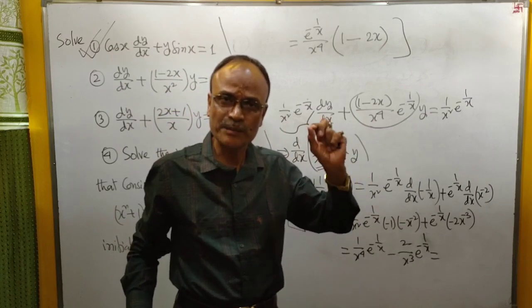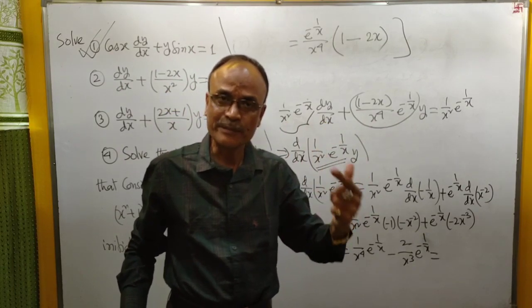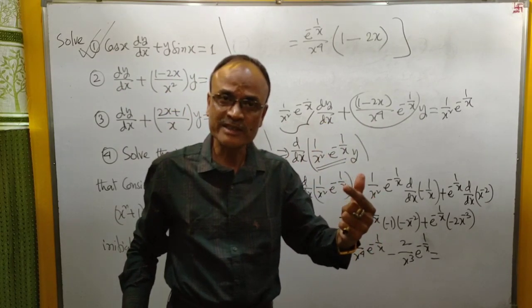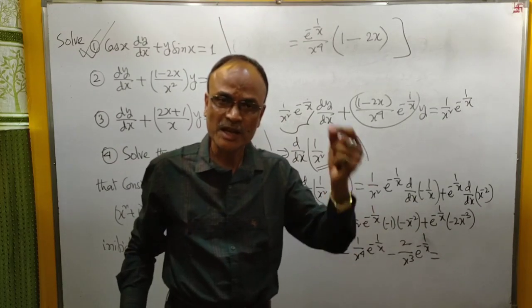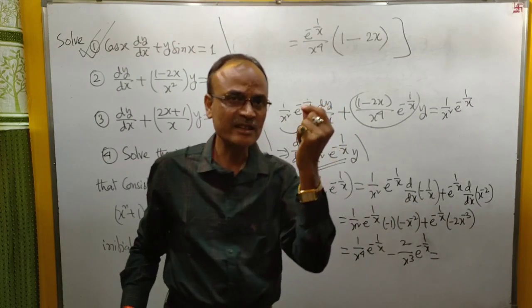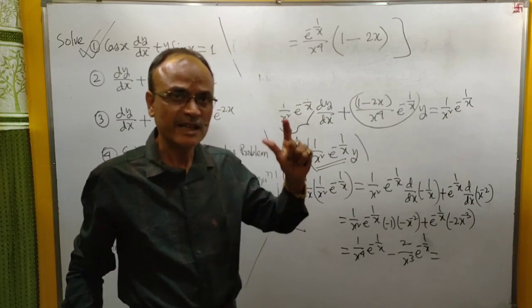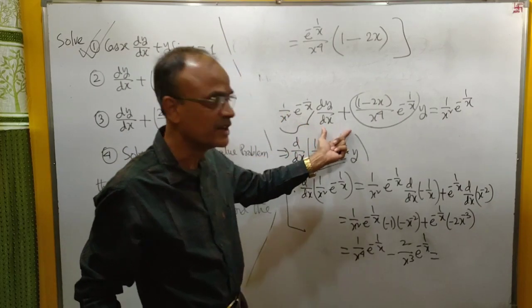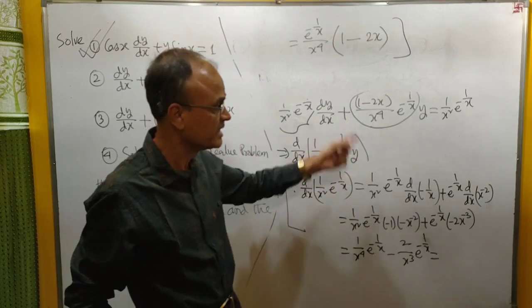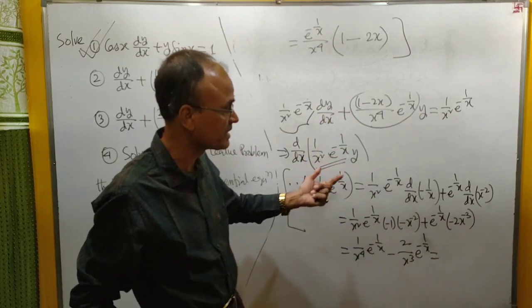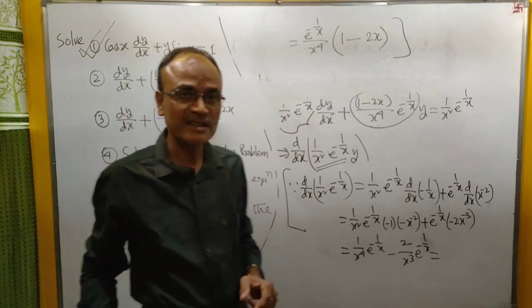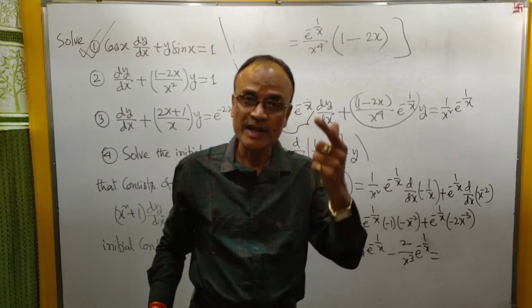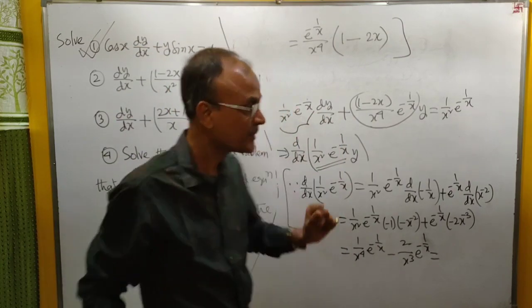Multiplying by the integrating factor, the left hand side of the differential equation will definitely reduce to the perfect differential. It means you may write it as d dx of integrating factor into y.